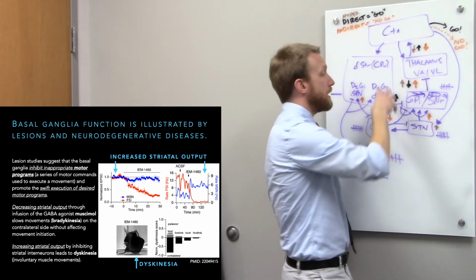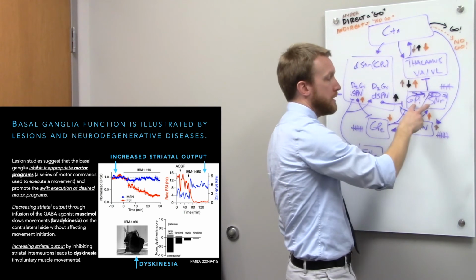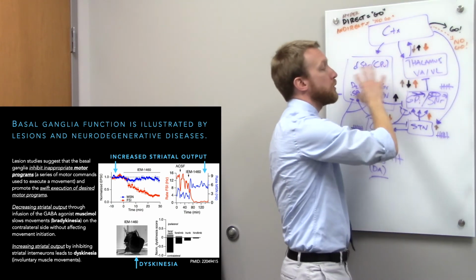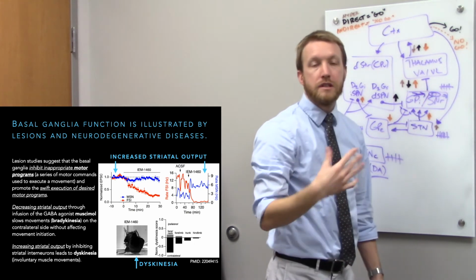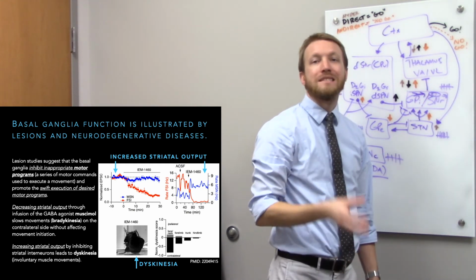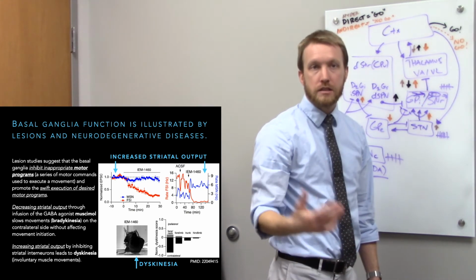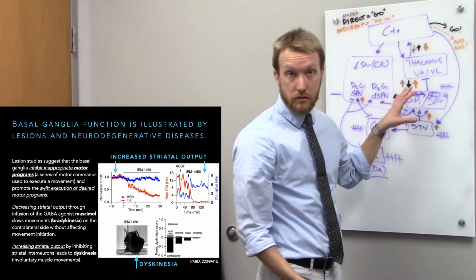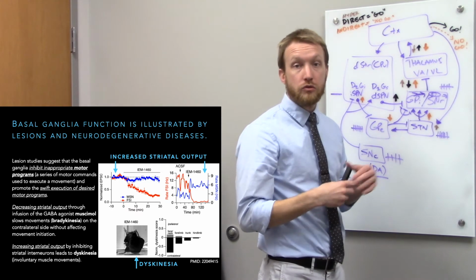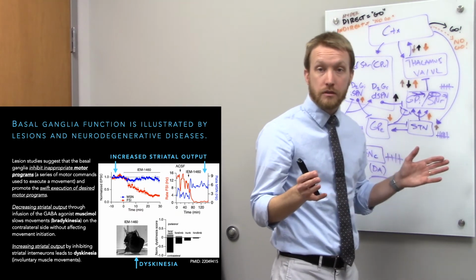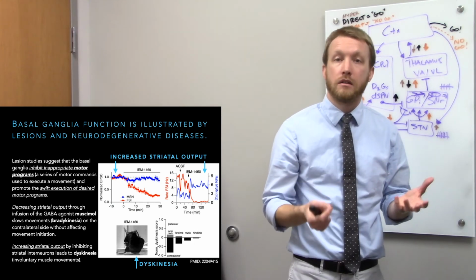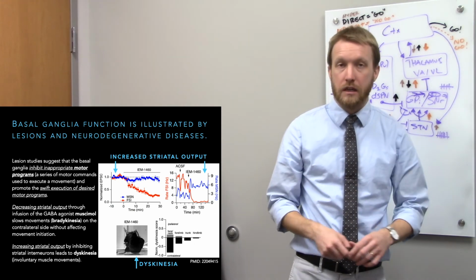It's only through the direct pathway that we inhibit the output and disinhibit the thalamus. So if we want to go, we need striatal output. When we decrease striatal output, we see a decrease in activity. It's slower. When we see an increase in striatal output, just gross elevations in striatal output, not specific for one pathway or the other, we see involuntary movements. And that's what the data over there are showing us.